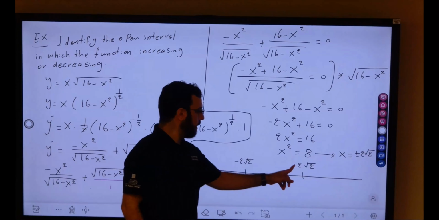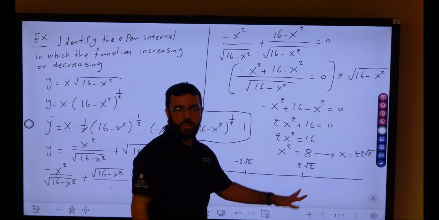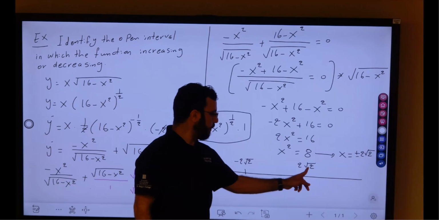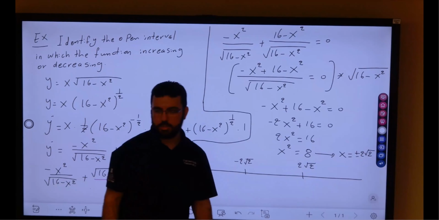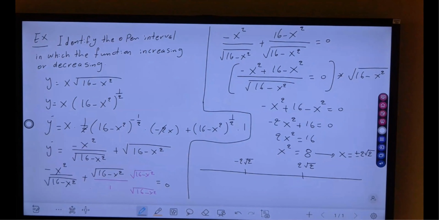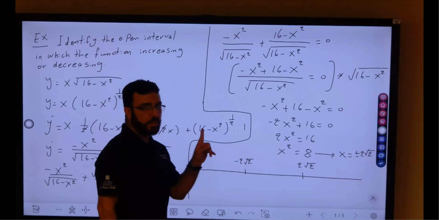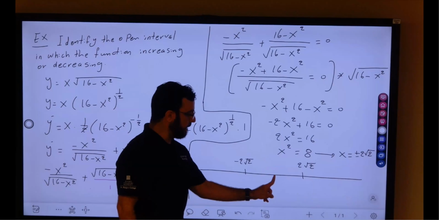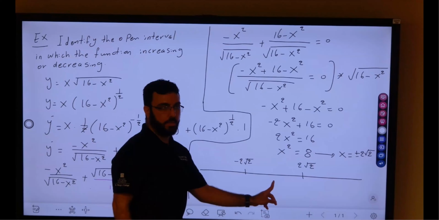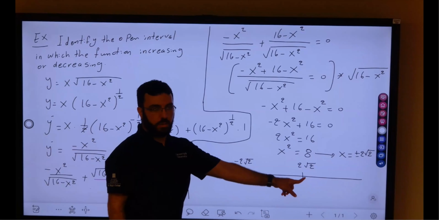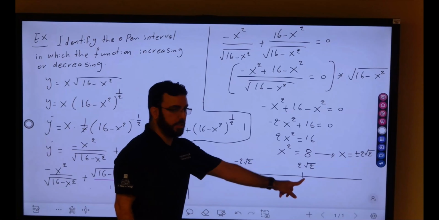Square root of 2 is 1 point something, 1.4, so if you multiply by 2, it's going to be 2 point something. You just have to know which number to choose: the middle, this side, and this side. Now here's the question. On this side, which number are you going to choose? It's a negative number and a positive number.